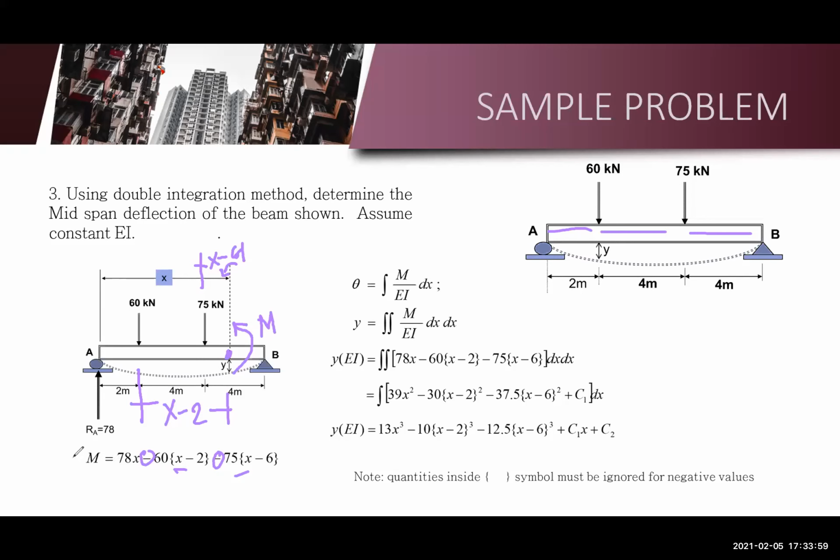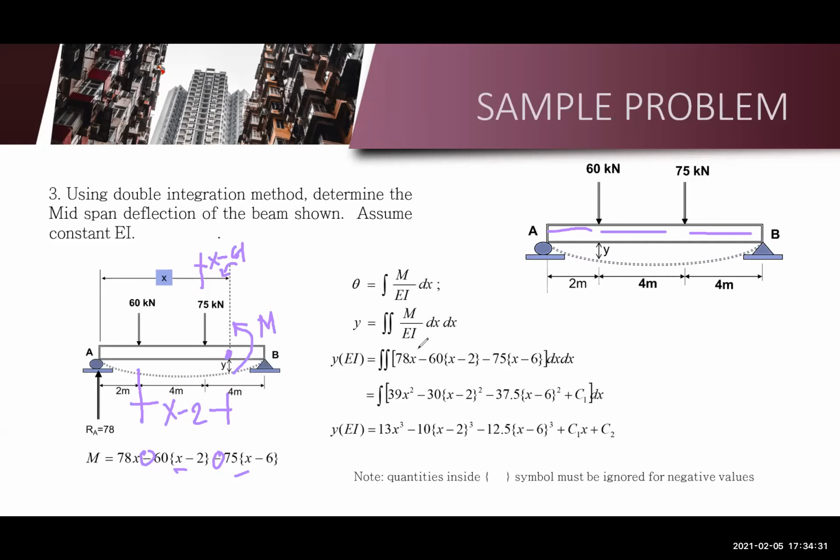Now, since this is a shorter version of the double integration of getting your moment equation, ang pag-integrate natin sa kanya is as a whole. Instead of integrating it per constant, dapat hindi natin gagalawin yung nasa loob ng bracket. So, example, 78x minus 60 times x minus 2 minus 75 times x minus 6.